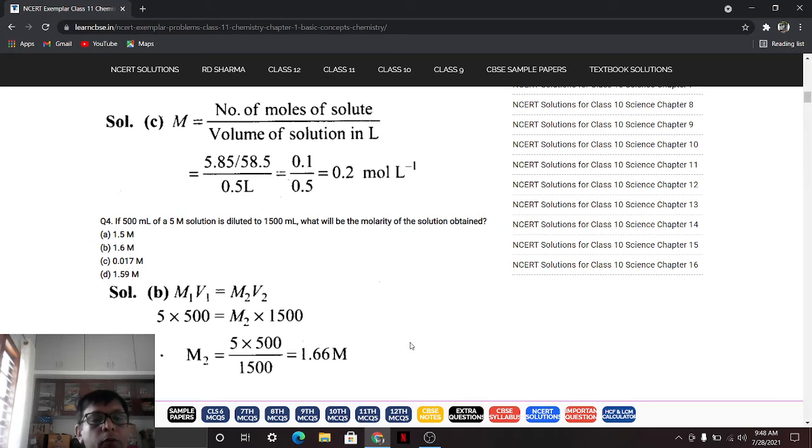M1 is given as 5, the volume given is 500 ml. You can calculate M2, where the volume is given as 1500 ml. M2 is equal to 5 into 500 divided by 1500. On cross multiplication you get 1.66 molar. Therefore, the correct option is B. Here the formulas must be remembered well.